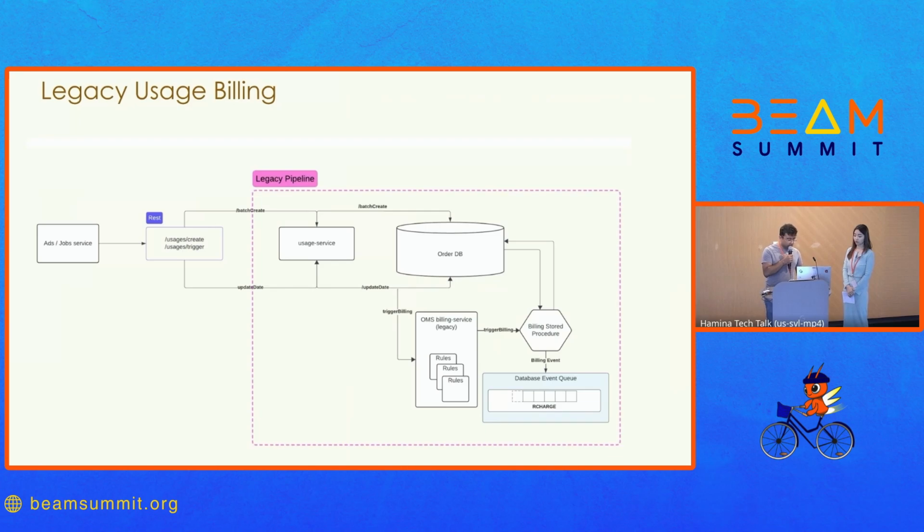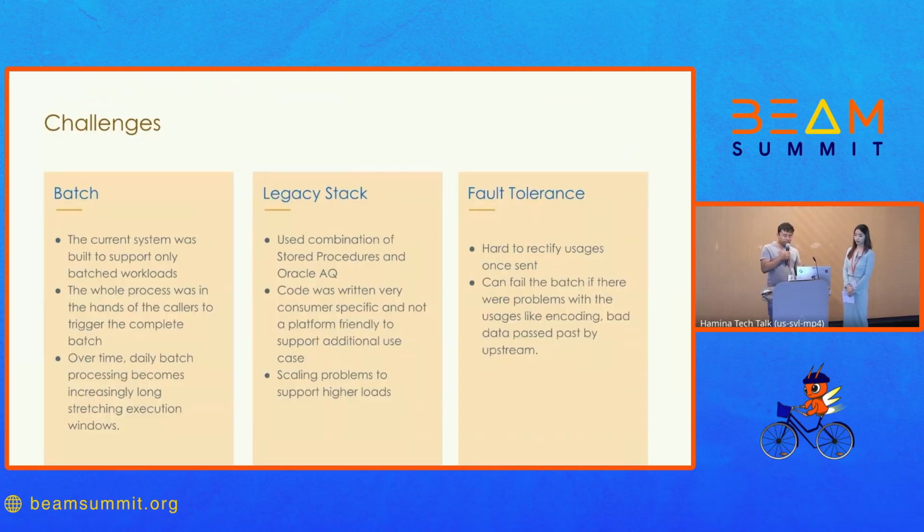up in the code. As you can see, it's an architecture which has served us for the past few years. It's a bit of a legacy, and starting to show challenges. Some of the big challenges we have faced recently: this was built in a batched way, as in we get these usages a couple of times a day in a batch, and we run these processes, triggered by our LOBs, in this case ads and jobs.